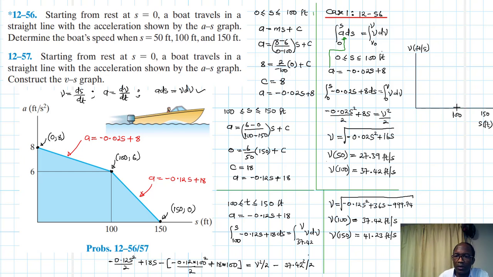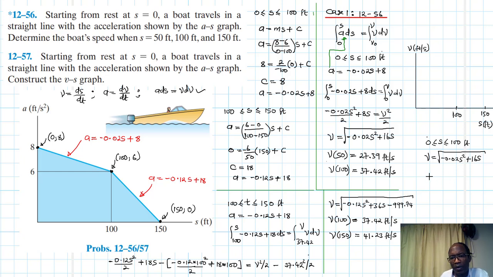All right, so which equations are these? We have two equations. In the interval s from 0 to 100 feet, we have this one here: v is equal to the square root of minus 0.02 s squared plus 16s.